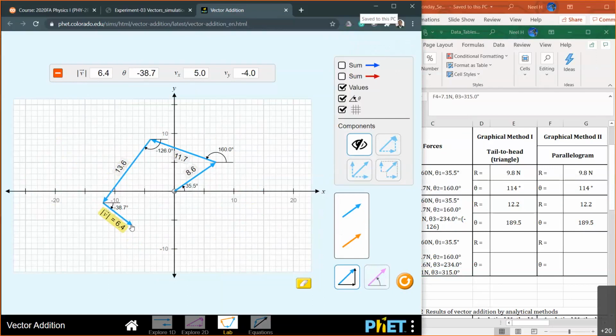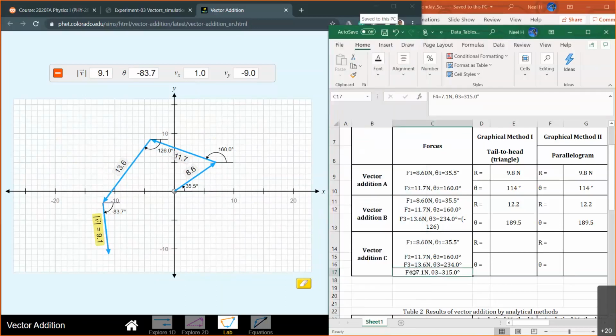However, the problem with the simulator is it doesn't show you a positive angle, it shows you a negative angle. So like I did earlier, I need to find the negative angle to represent 315. That angle is going to be negative 45 degrees. If you take 315 and then minus 360, you will get a negative 45-degree angle.